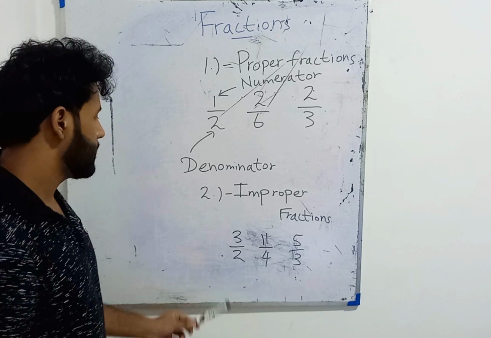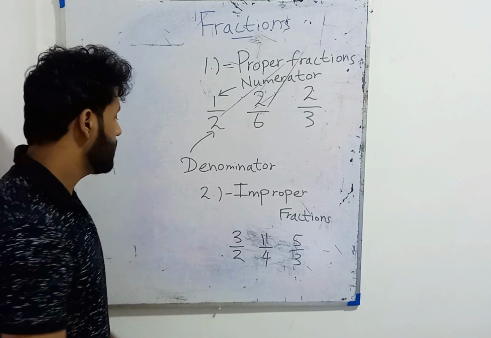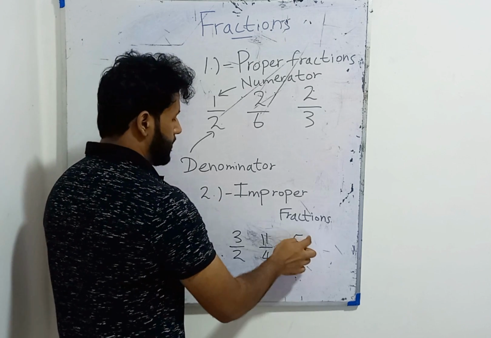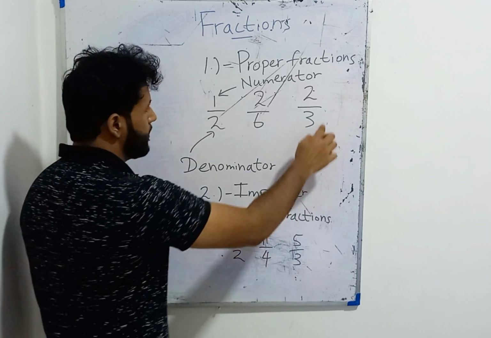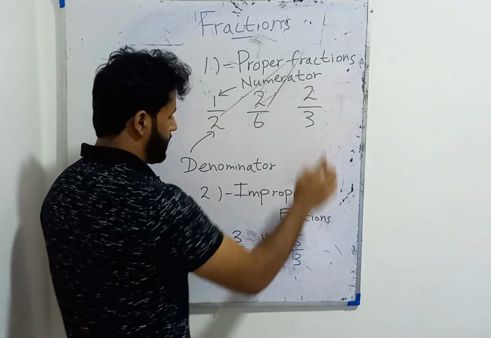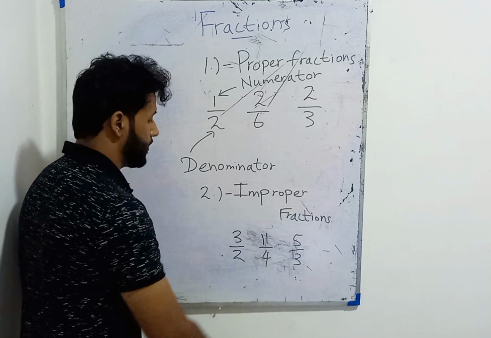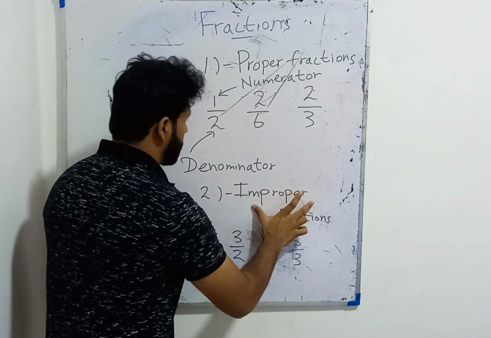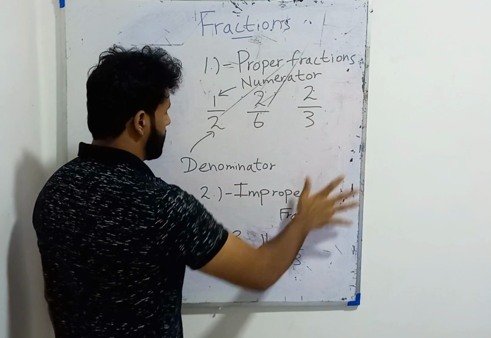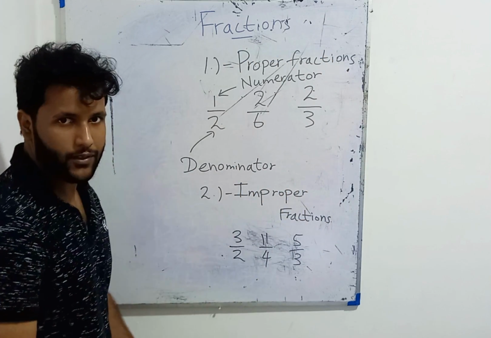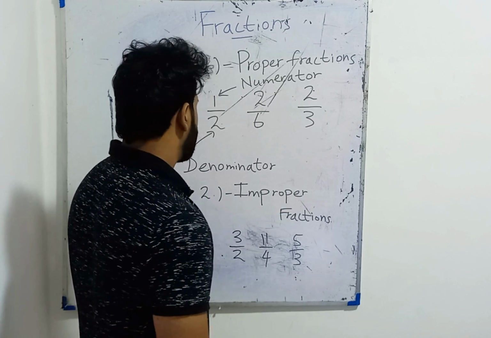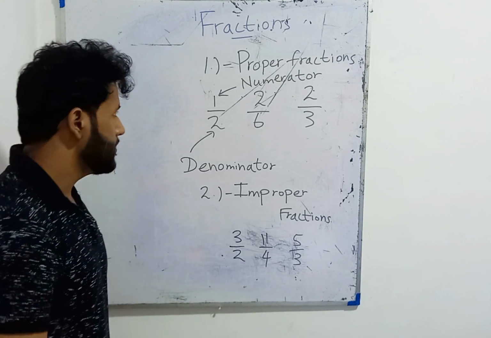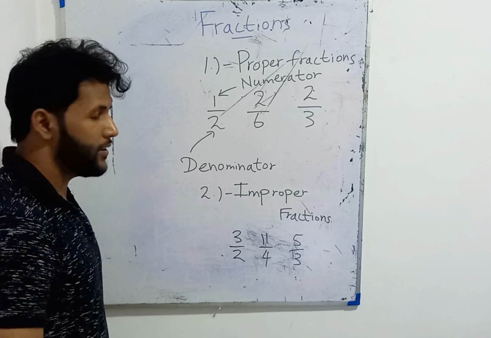These are improper fractions. In each, the denominator is less than the numerator. Such fractions are called improper fractions, the opposite, the antonym of proper fractions. It's very simple. These are the two major categories.